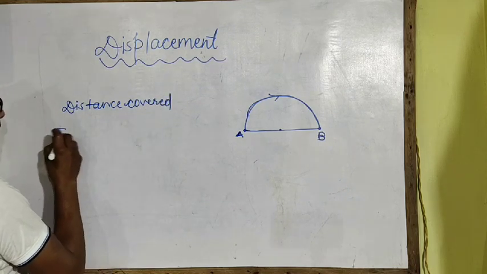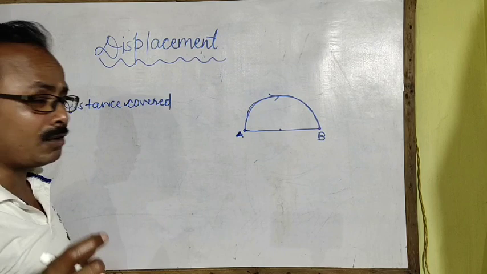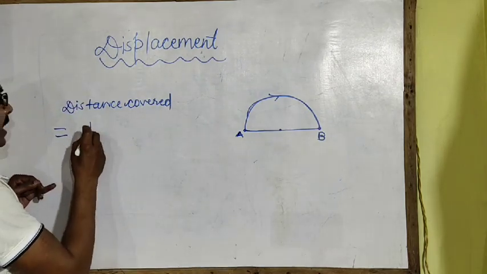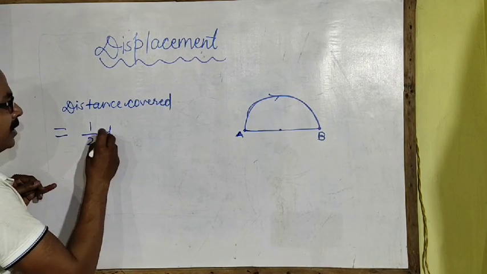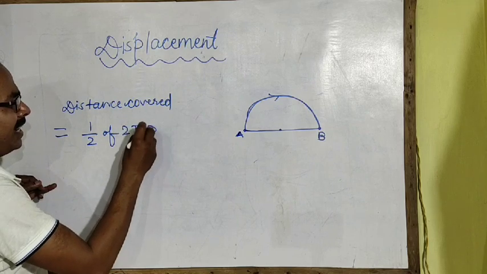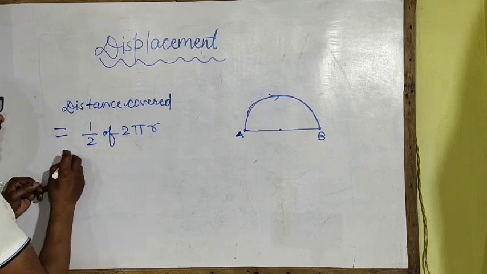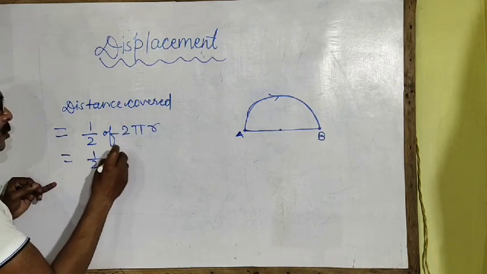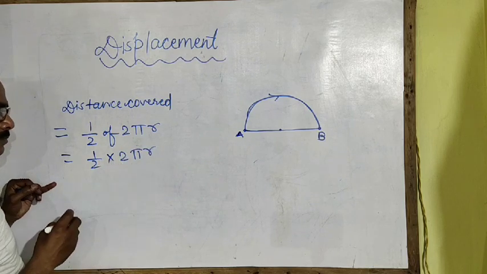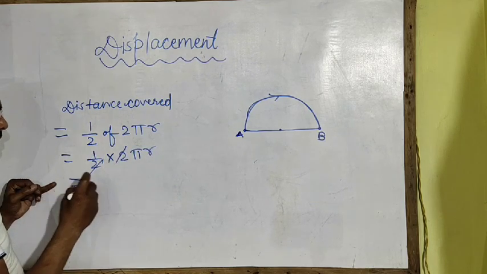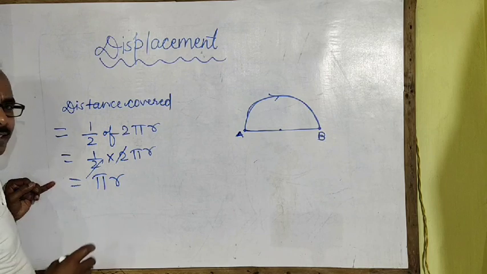Would be what? Yes, use your brain and get the answer. That is half of 2 pi r. That is half into 2 pi r. Clearly, what will be the answer? Pi r.